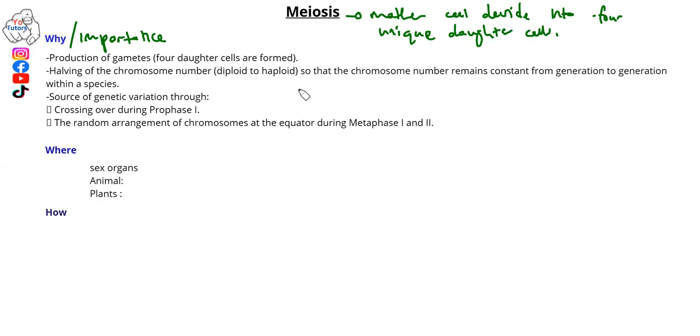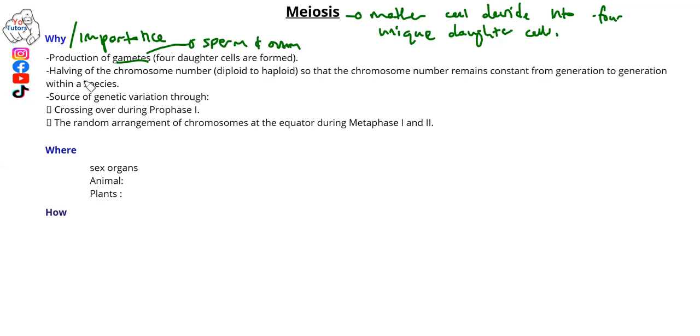That's what we call meiosis. But why is it important? First, production of gametes. That's how your sperms are formed, and how your ovum is formed. So here, sperm and ovum.